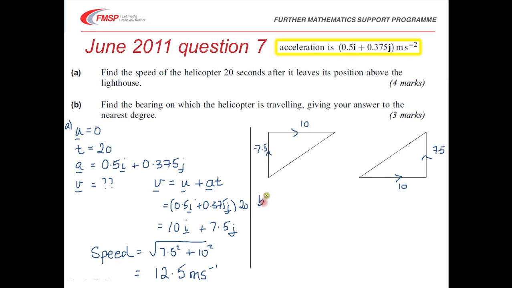And if we have a look now at part B, notice it says to find the bearing, so we must give it as a bearing and we must give it to the nearest degree. So either of these diagrams, but remember that a bearing is measured from north, so this one is probably the easier one to use, but either. Just be careful though that you are making sure to give it as a bearing.